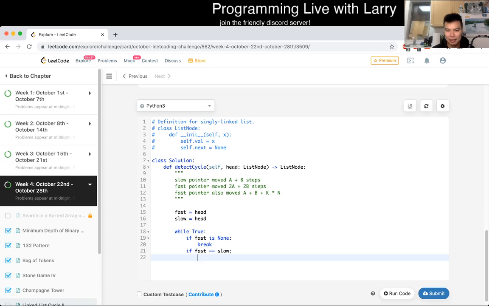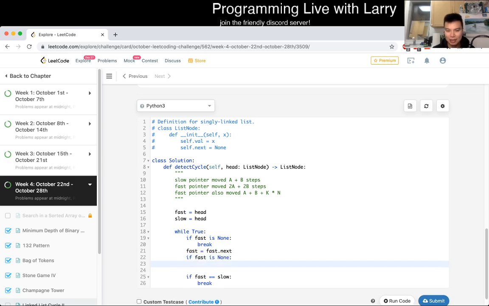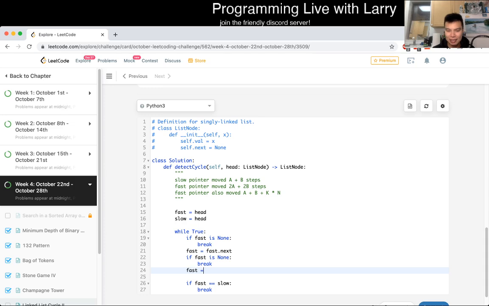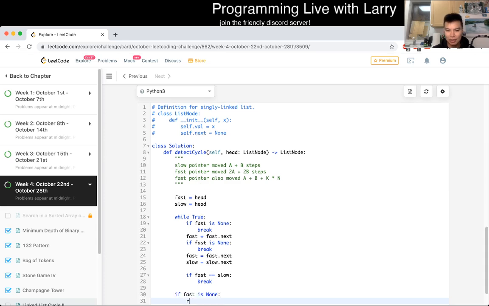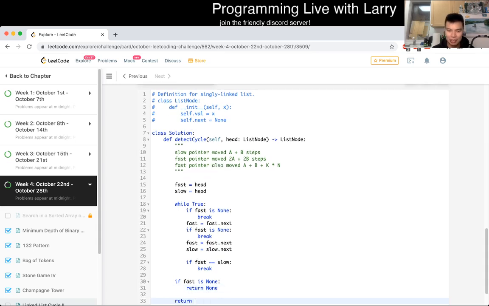But at the end, maybe, because then fast is equal to fast.next. If fast is none, break. Fast is equal to fast.next. Slow is equal to slow.next. Right? And then if fast is none, then we return none. Otherwise, let's just return the head for now.